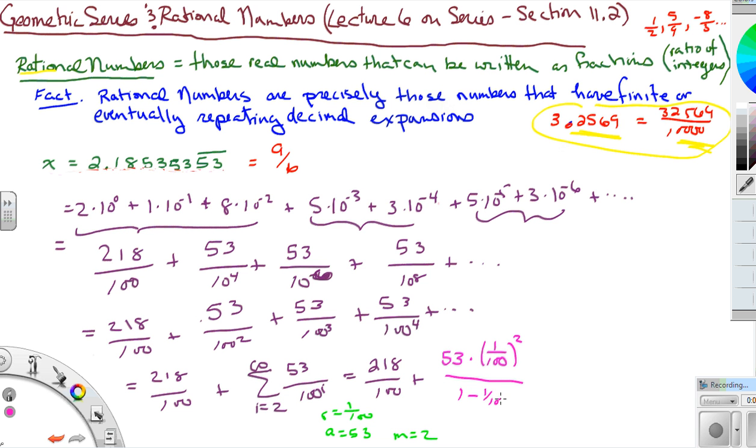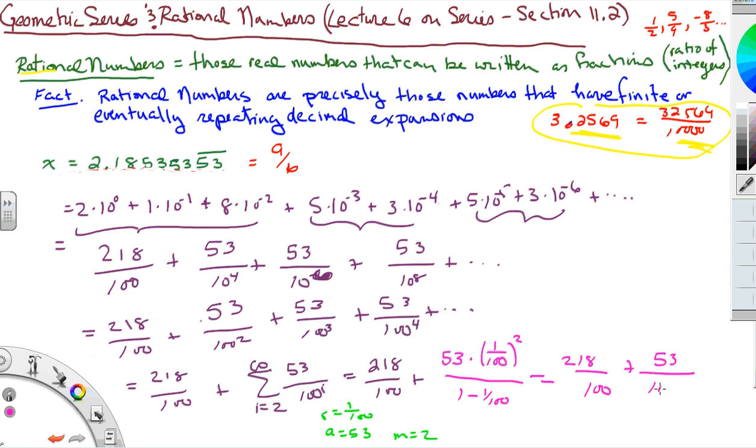Okay, and this can be simplified to 218 over 100. So I'm going to bring the 100 squared down and make that 1 over 100 squared, and bring 1/100 squared through. So it's going to be plus 53.